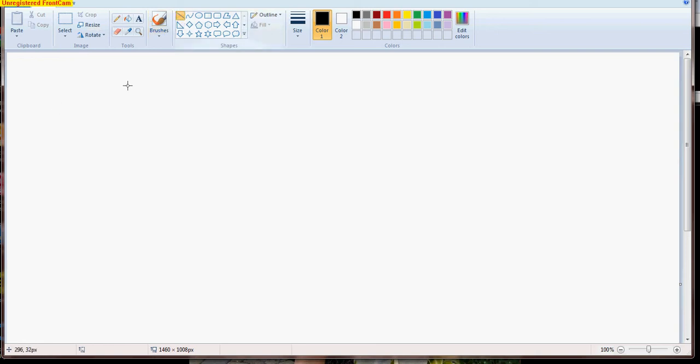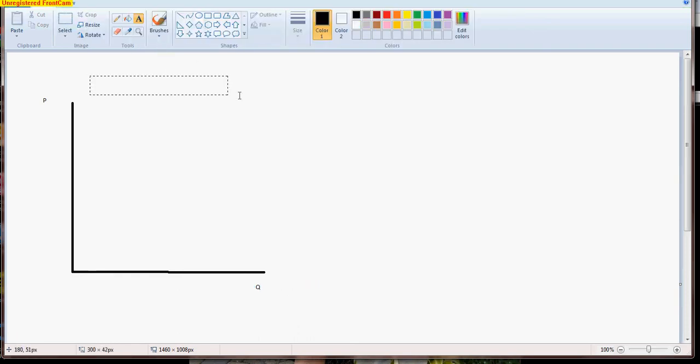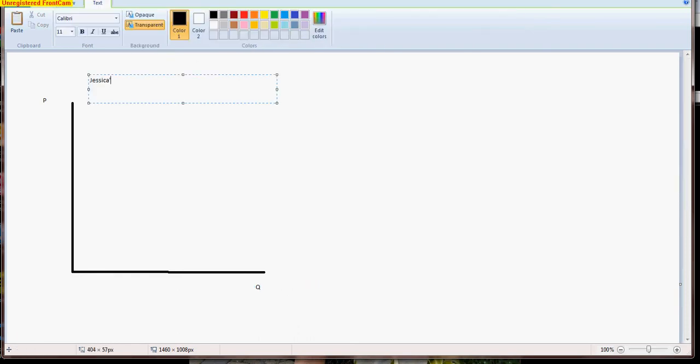So we're going to first draw the individual firm, which is going to be my bakery. So we'll draw that in here, and we'll label our axes. So we have our price over here, our quantity, and then we'll also label it Jessica's Bakery.